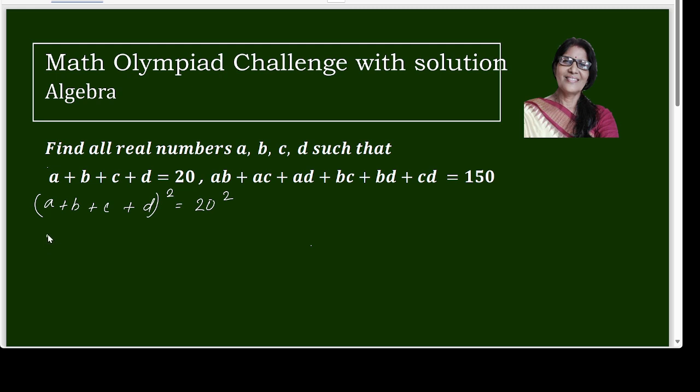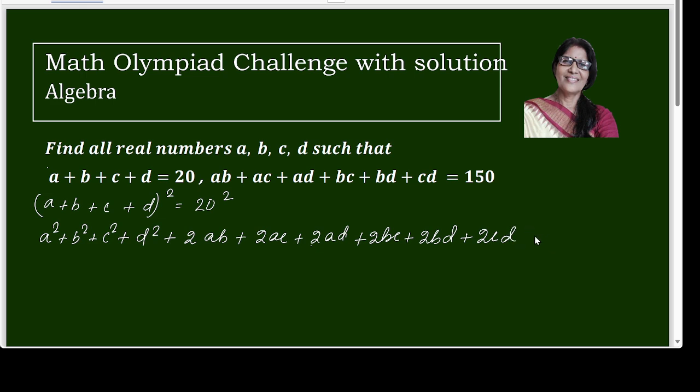So when multiplying, I'll get a square plus b square plus c square plus d square plus twice ab plus twice ac plus twice ad plus twice bc plus twice bd plus twice cd equals 20 square, equals 400.